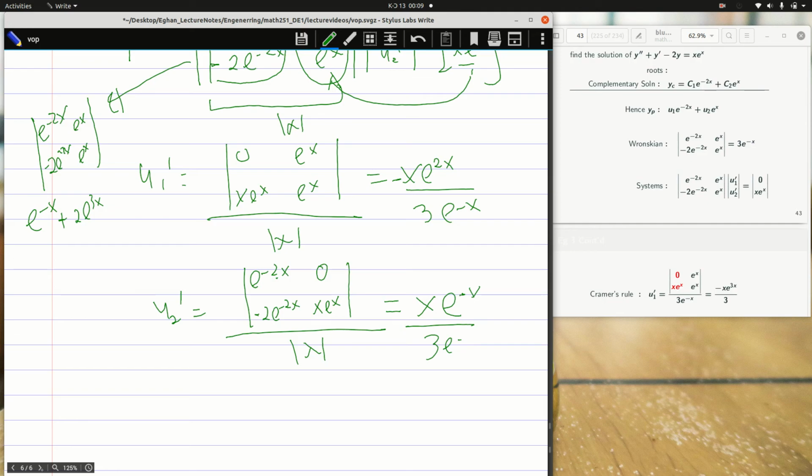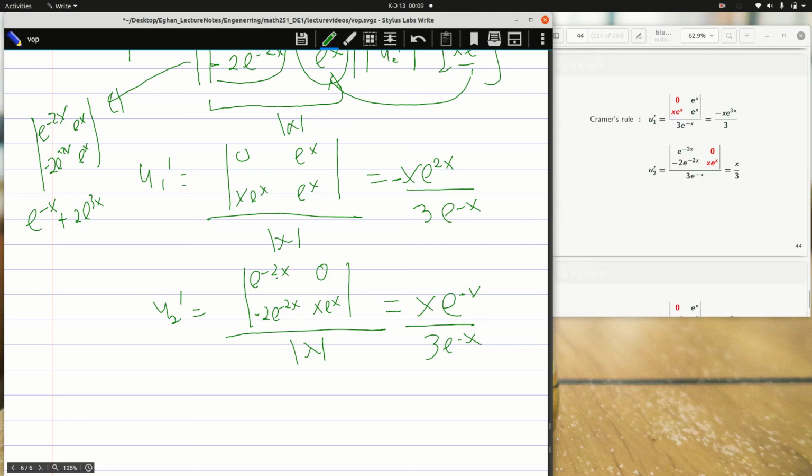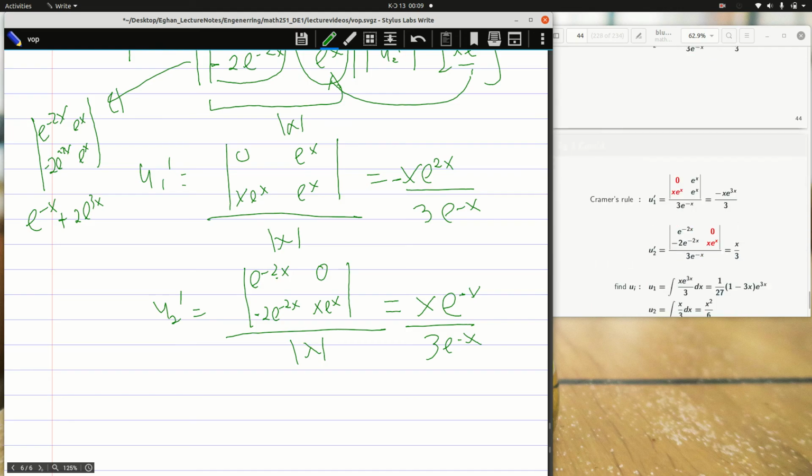You can simplify this if it's possible. And over here, I can simplify this to get x on 3 because this one's cancelled out. And over here too, I have negative x on 3. If I should take the denominator up, I'll have a positive, that's 3x.